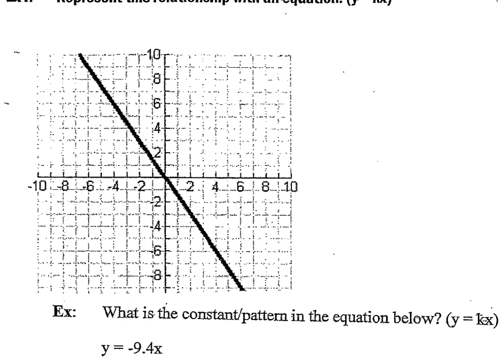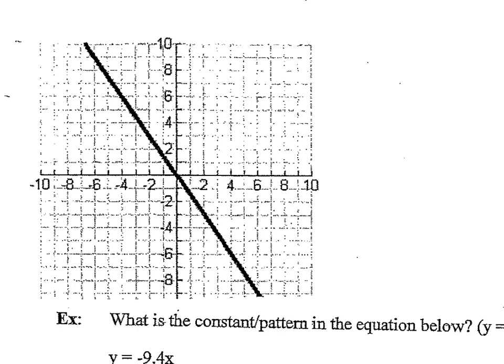So I can put a point at 0, 0, and then -2. Where can another point go? Is that a point there? That one is kind of hard to see.